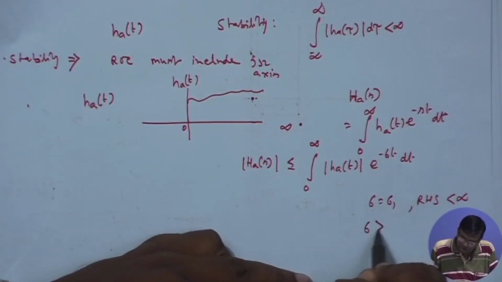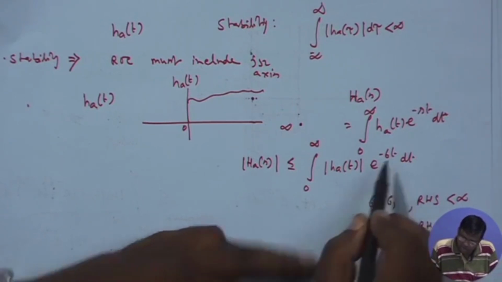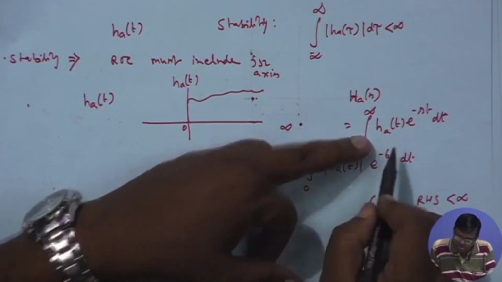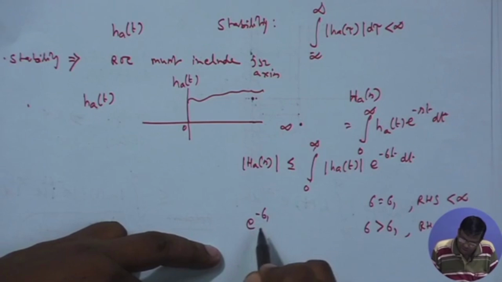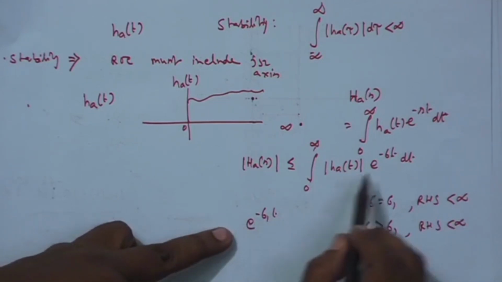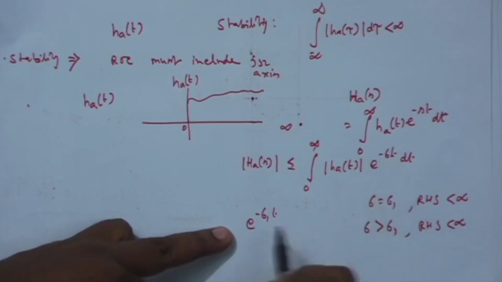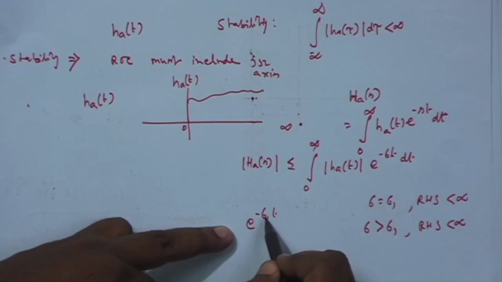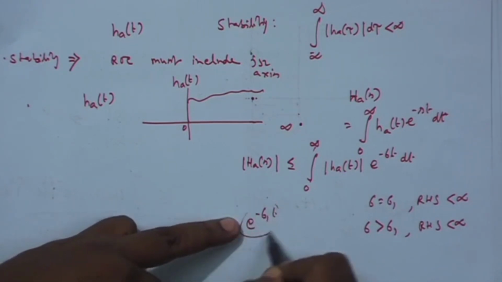Then for sigma greater than sigma 1 also my claim is RHS will be finite, because for any particular t in this range, suppose you had e to the power minus sigma 1 t. So, this was multiplying by a damping function e to the power minus sigma 1 t. For the same t, you are now choosing a sigma higher than sigma 1. So, the value will go down, because of the negative sign, isn't it?